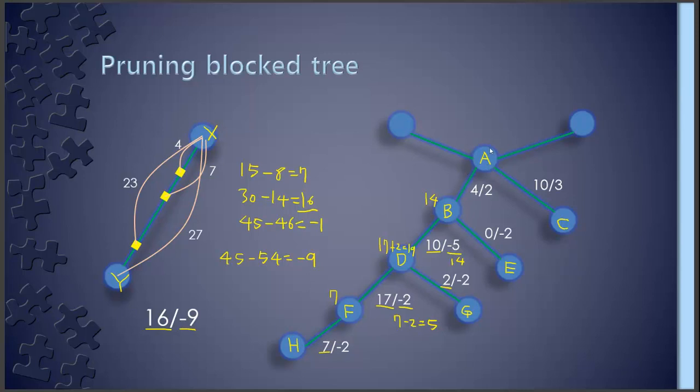So for node A, you can get 4 points by taking the points, and you can get 2 points by visiting node B. So you would visit node B, and then you can get 16 points. And from node A to node C, you would just take the points because you can get 10 points. In total, you can get 26 points from node A by visiting every subtree.